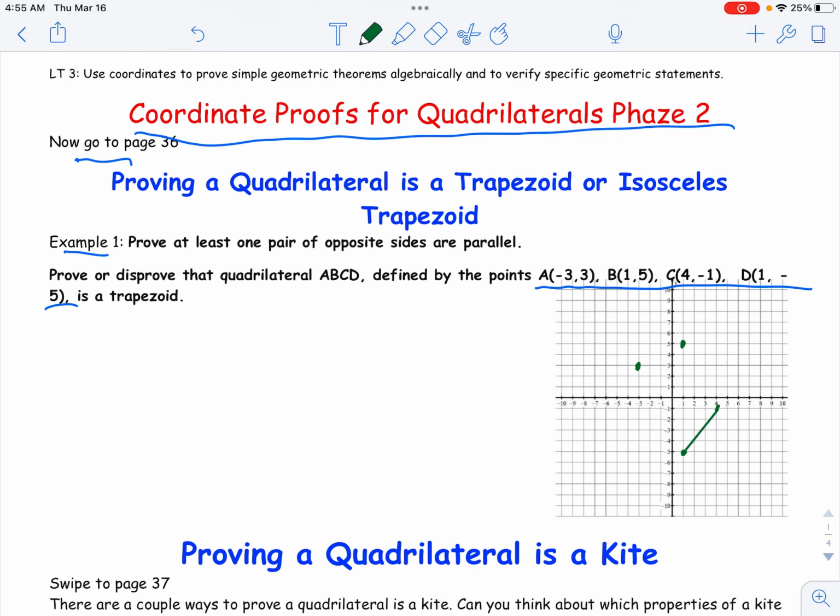Alright, connect the points. Alright, and then also label A, B, C, and D. Alright, let's use the slope formula once, and then we'll just count the other side.